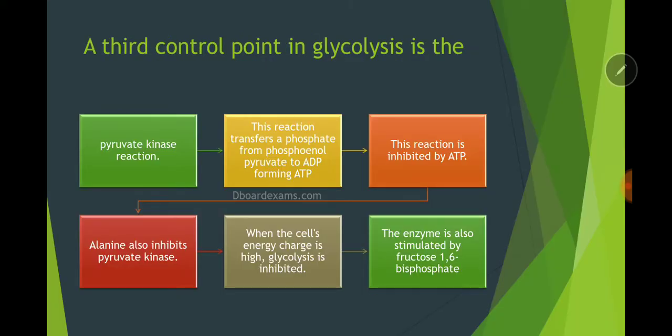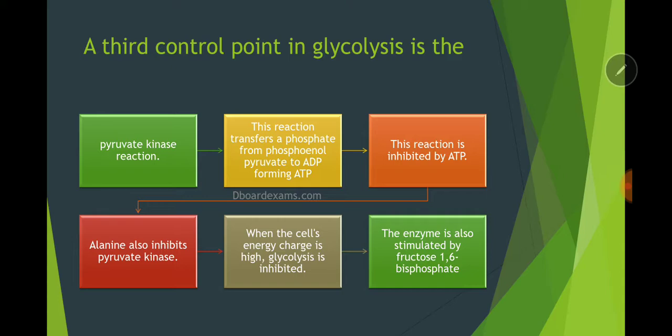All right. So the third control point in glycolysis. The first control point in glycolysis is the phosphofructokinase reaction. The second regulatory point in the glycolytic pathway is the hexokinase reaction. Now the third is the pyruvate kinase reaction.